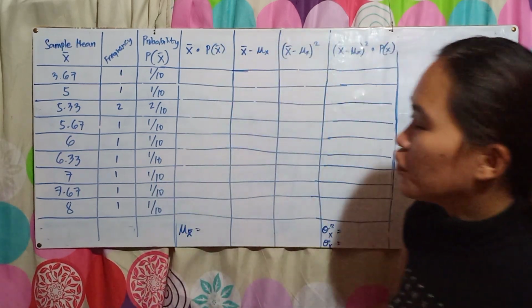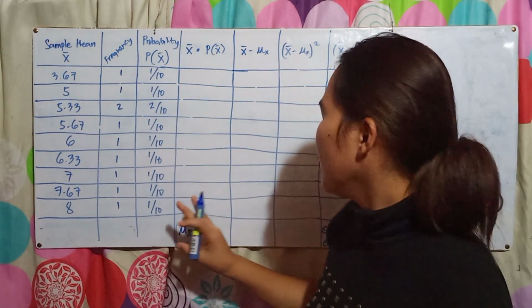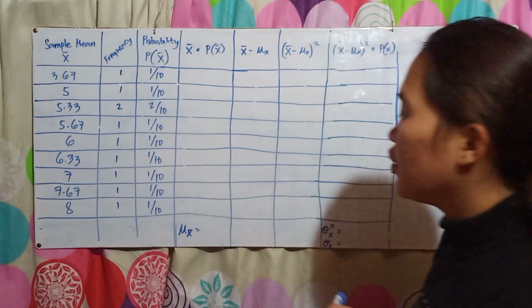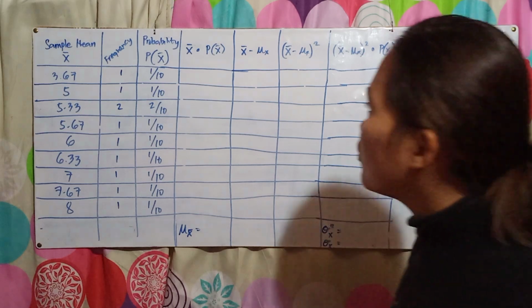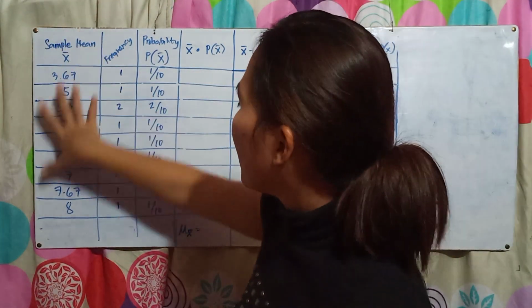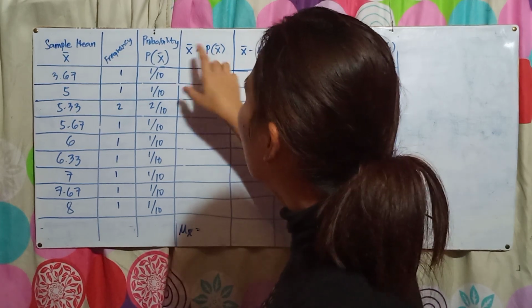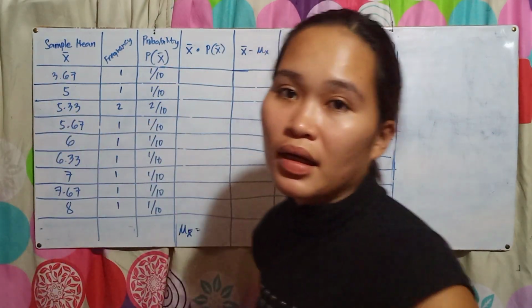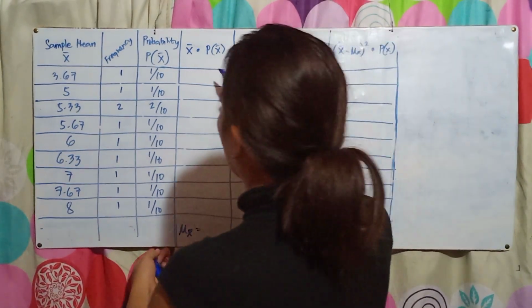In lesson 2, solve for the mean, variance, and standard deviation of the sample mean. Same process: multiply the sample mean by the probability. Multiply only the numerator, copy the denominator.